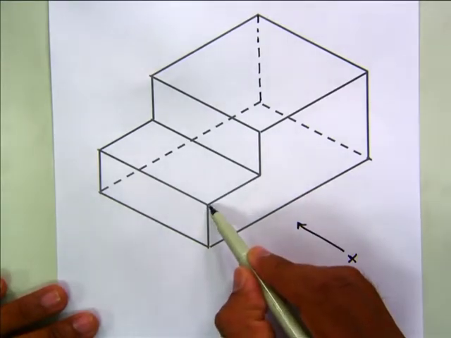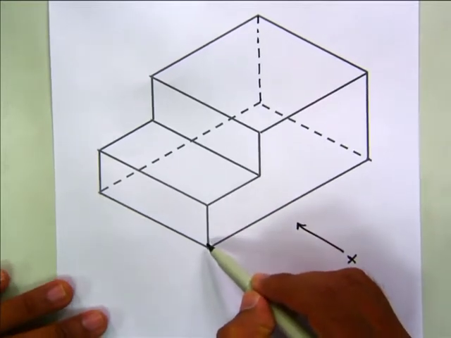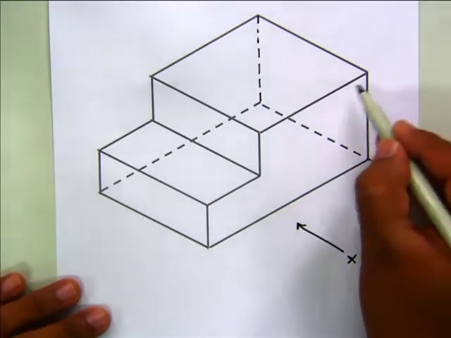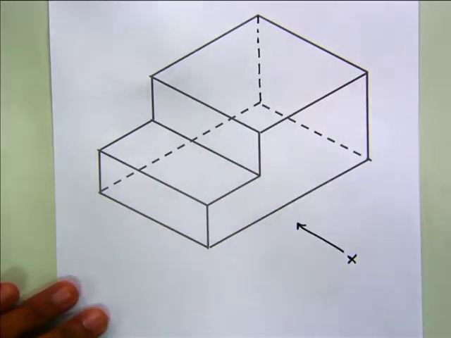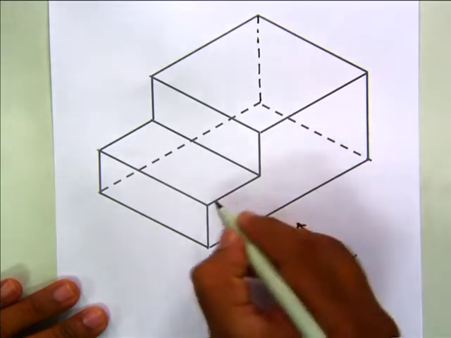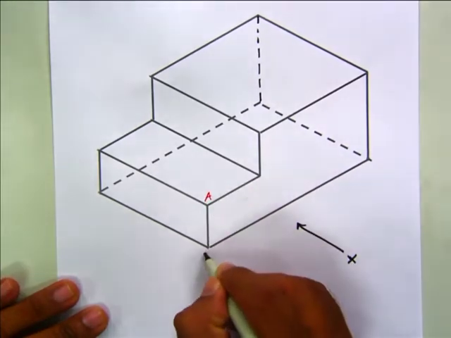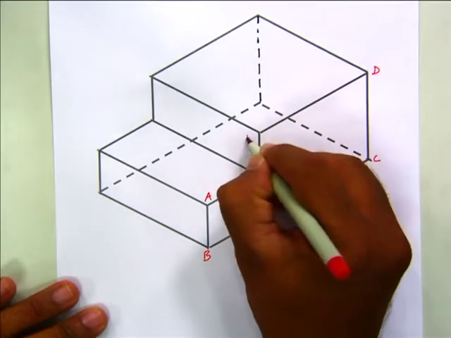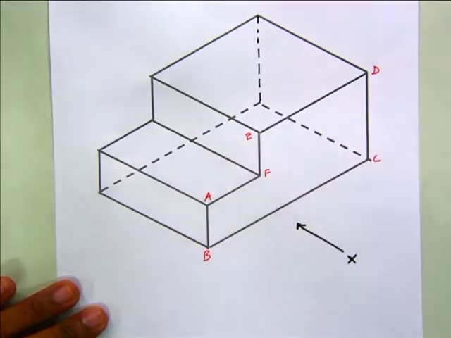We can see this face only, with the points A, B, C, D, E and F.